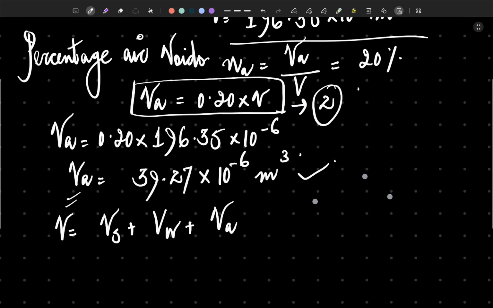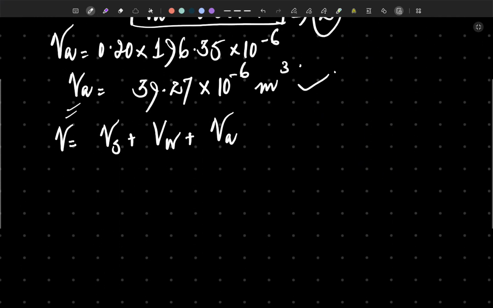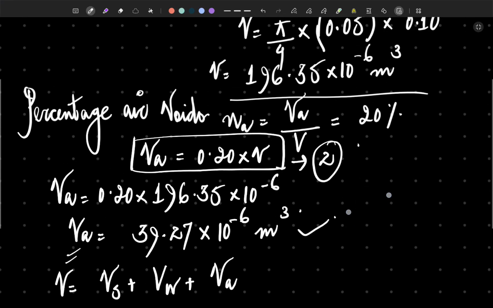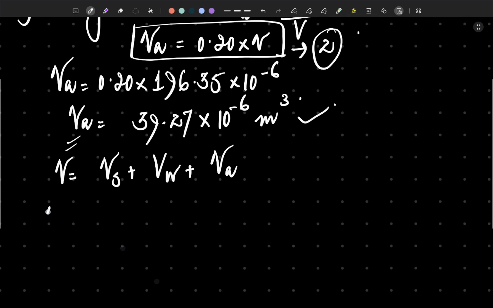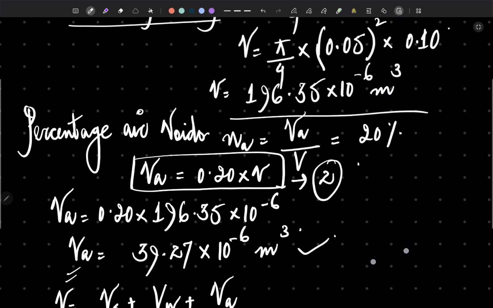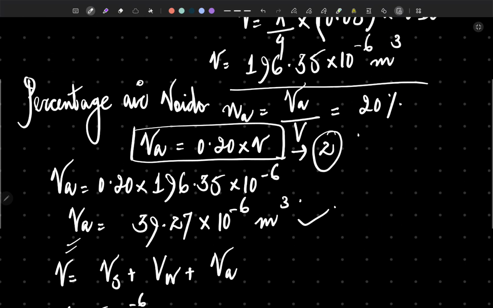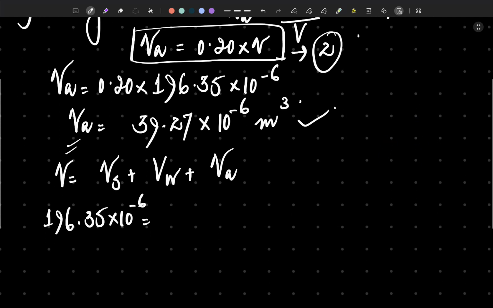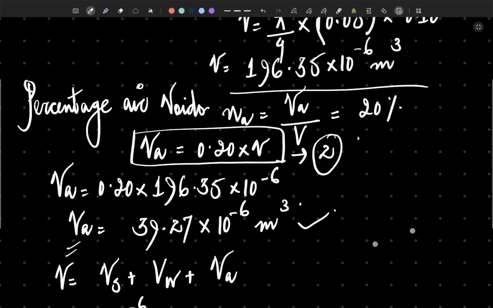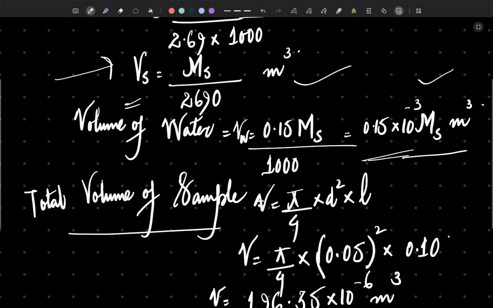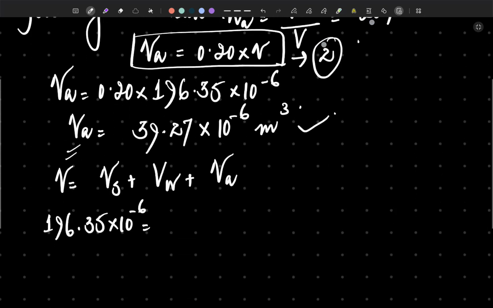So let's find out. Total volume, how much? See carefully. 196.35 into 10 raised power minus 6 is the total volume of the cylindrical specimen, and it's equal to the summation of the three volumes of solids, water, and air in the soil three-phase system. Volume of solids, we calculated: ms divided by 2690 cubic meters.